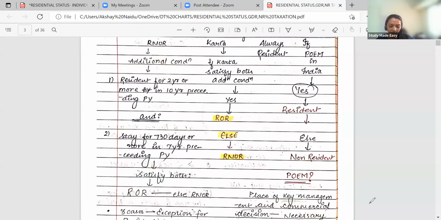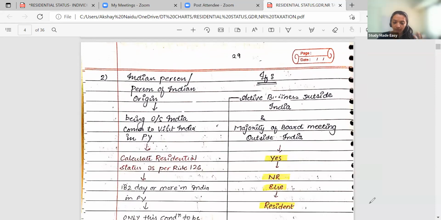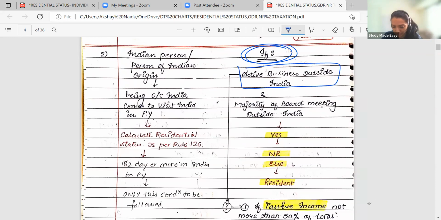Now, what are the conditions to see whether the place of effective management is in India or not? So the first and foremost thing you have to check: if active business is outside India and majority of the board meetings are outside India. Now the conditions are not given in positive sense.